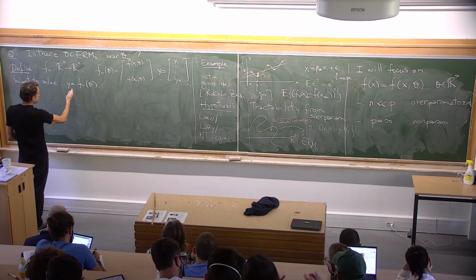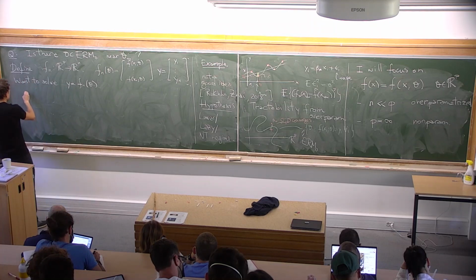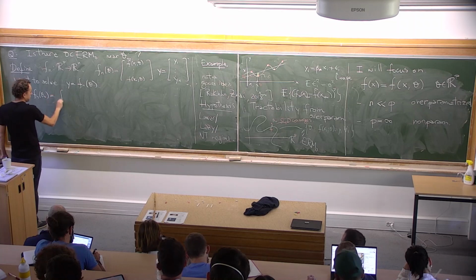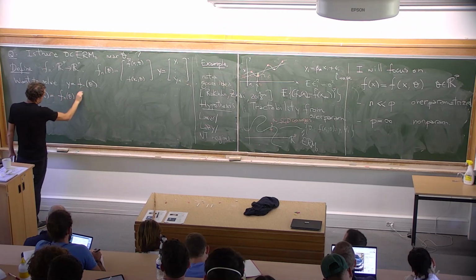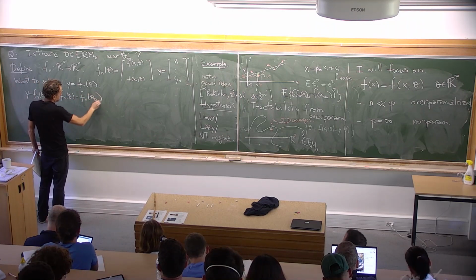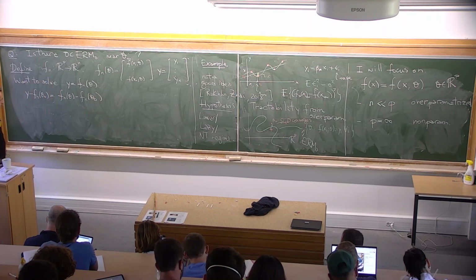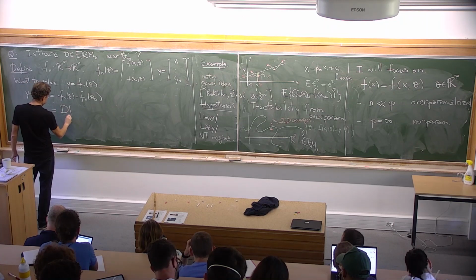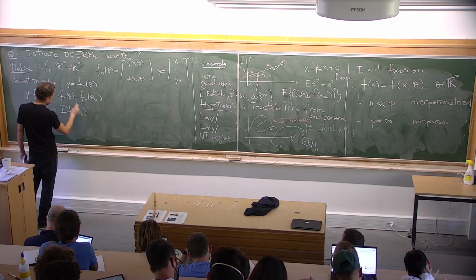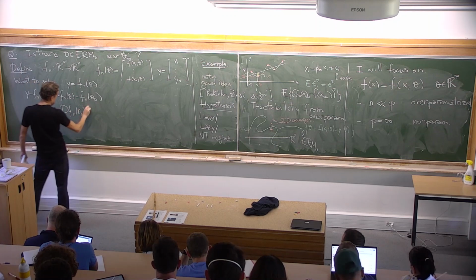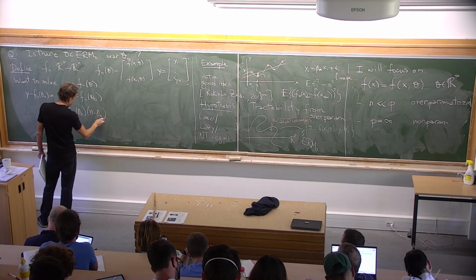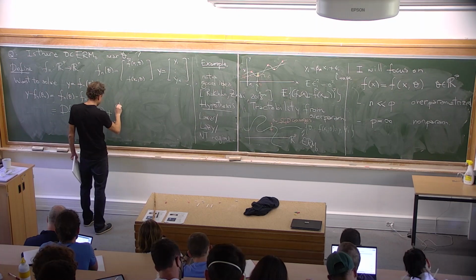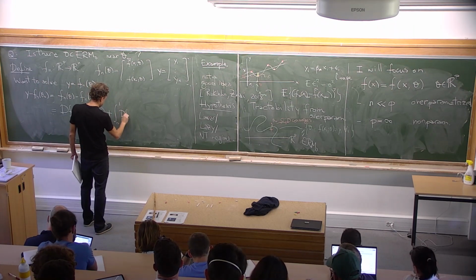Now, we are looking for a solution near theta 0, so it makes sense to subtract F_n of theta 0, and then it makes sense to Taylor expand, since I'm assuming that theta is close to theta 0. And then there is a remainder of the Taylor expansion.